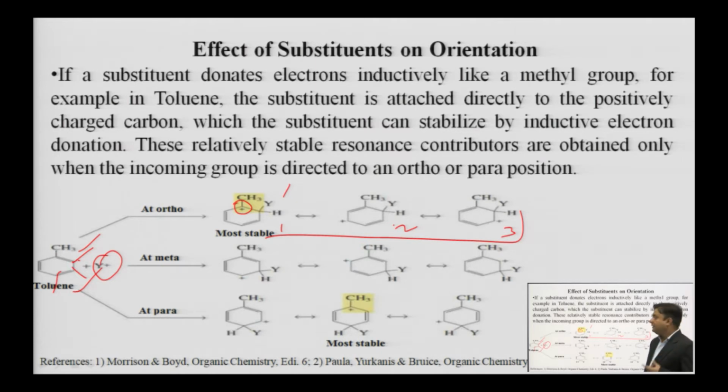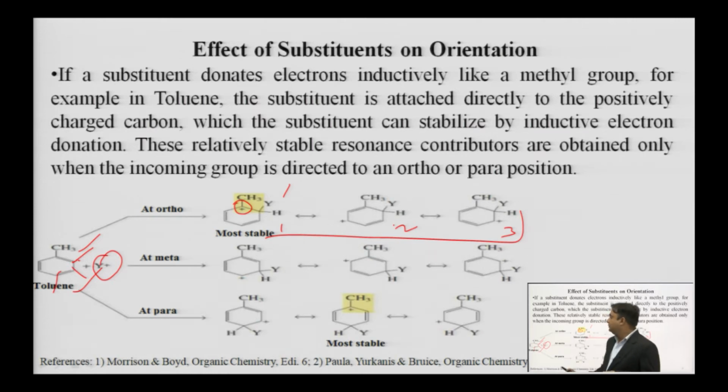Because of that, the overall stability of the resulting carbocation is increased, while when we attack at the meta position we are getting all carbocation intermediates which are secondary carbocations. So the overall stability of the carbocation is much more in the case of ortho and para positions, while at the meta position the stability is less. We all know that the reaction will go in the direction where the more stable carbocation is formed.